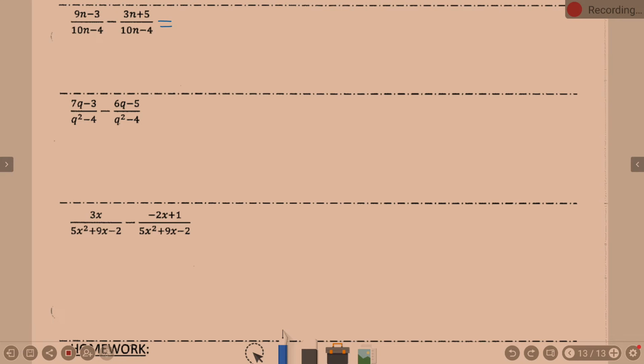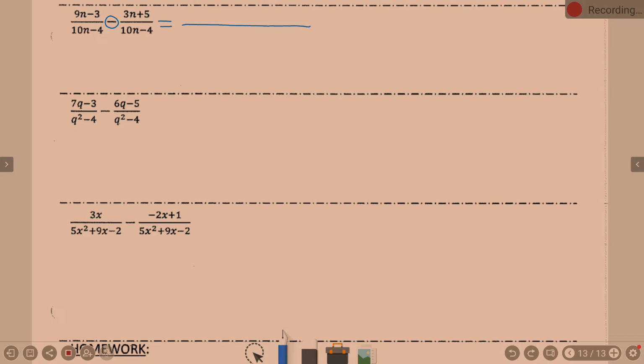6n plus 2. Half right. Well, no, negative 3 plus 5 is positive 2, but it's not negative 3 plus 5. Let's look at this one. This problem is a subtraction problem, yes?